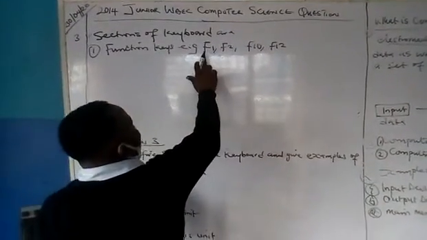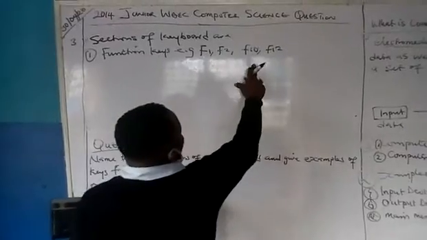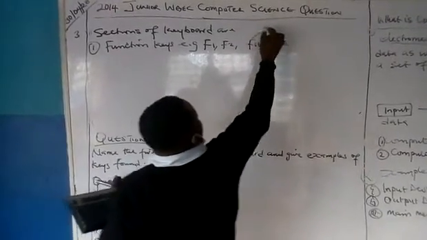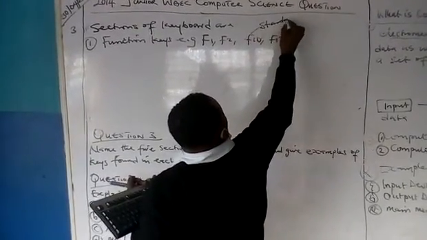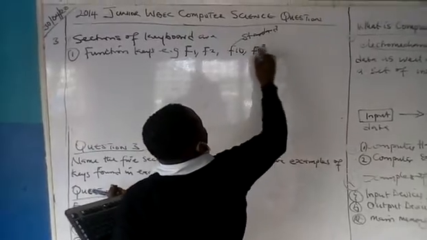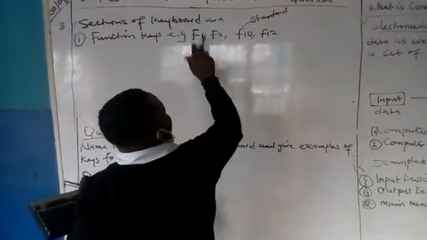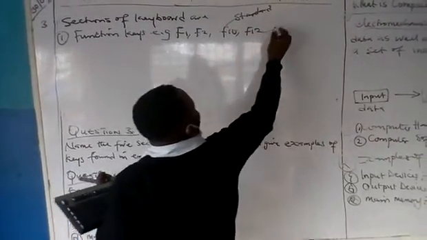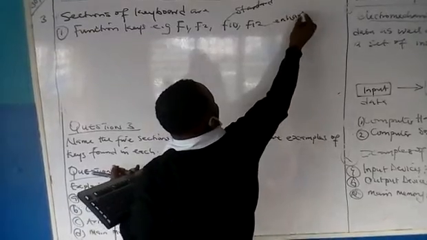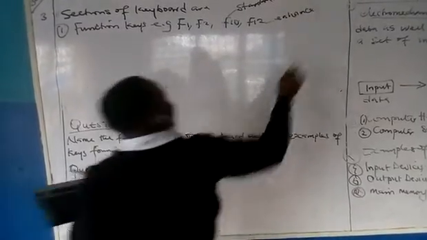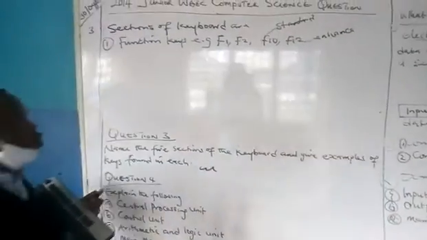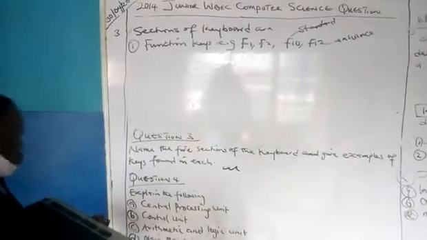Any keyboard that starts with F1 to F10 is called standard. It's called what? Standard. When you see the one that starts from F1 to F12, it is called what? Enhanced. Enhanced what? Keyboard. So that is one of the sections, function keys.